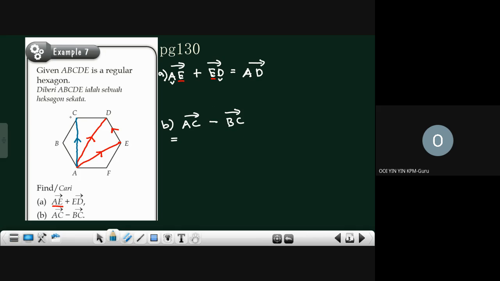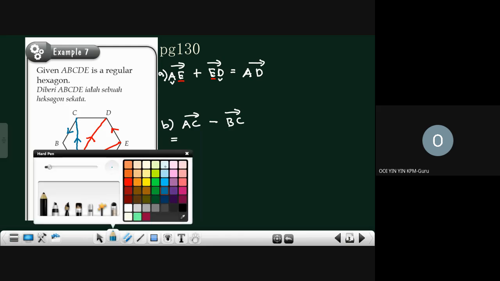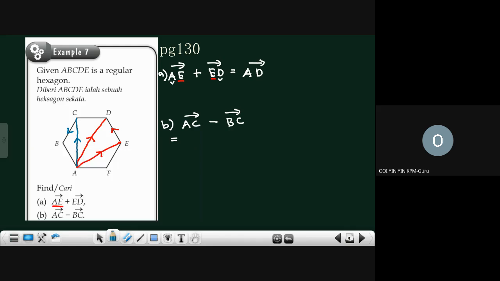Take a look at your BC. Minus BC means, suppose BC has its arrow going this way, but because you have a minus, the arrow goes the other way around. A minus means the arrow must be reversed, you cannot follow BC. So whenever you have a negative, change it to positive, and then reverse the BC.